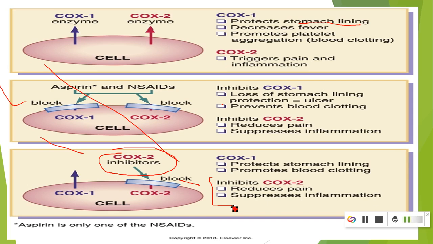Because COX-2 reduces pain and suppresses inflammation, however, it can promote myocardial infarction and stroke. That's why you don't see a whole lot of individuals on COX-2. Yes, it decreases pain and inflammation, but it can promote myocardial infarction and stroke.